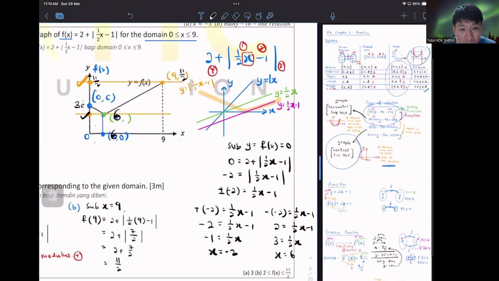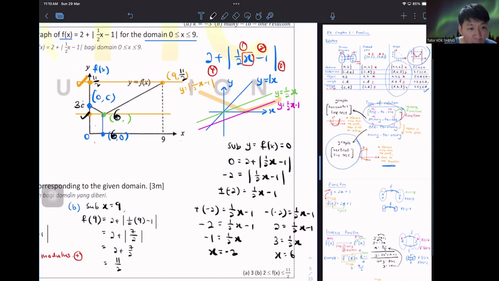Anything I missed out here? 1 over 2x minus 1. Let me check my working again. Did I do anything wrong here? Or is it not 6? Everything is copied correctly.